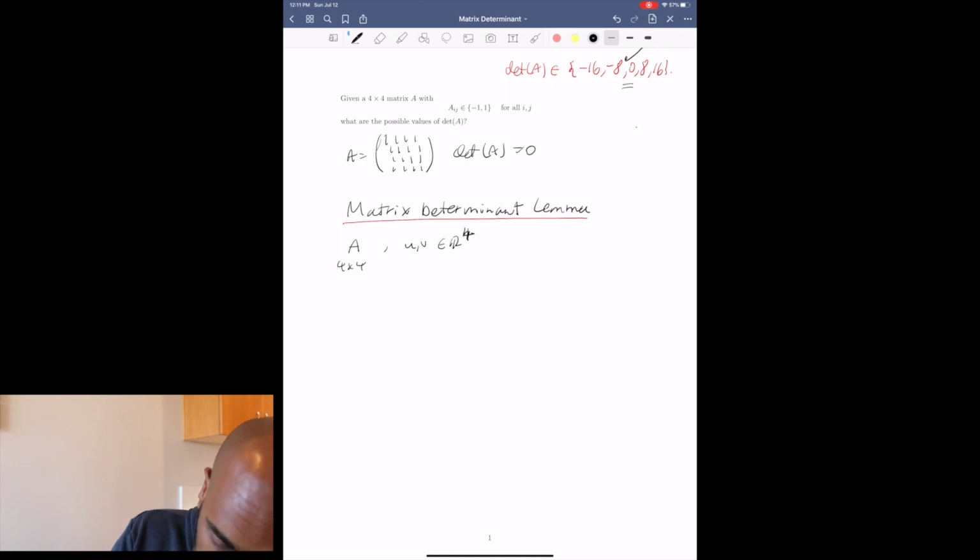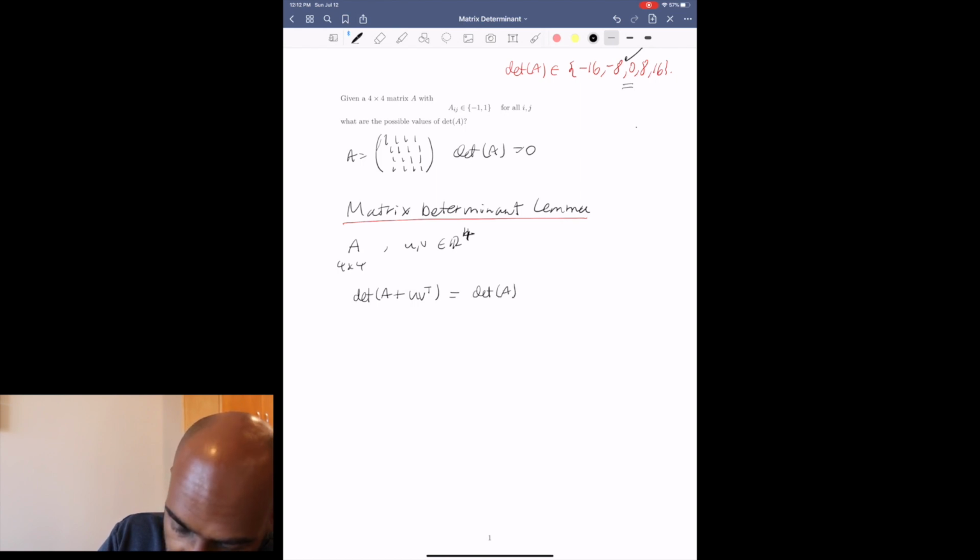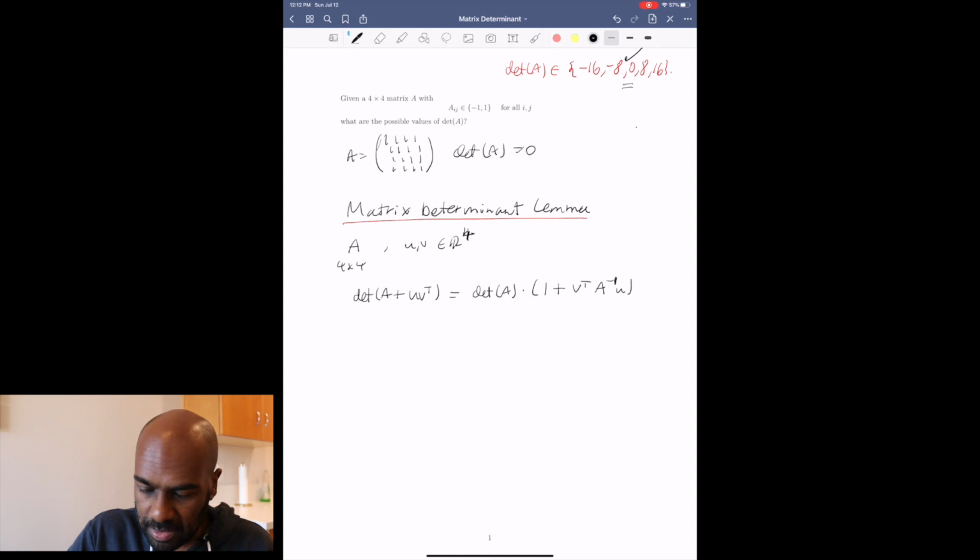Okay, then this lemma states that if you take A and perturb it by uv transpose, which is a 4x4 matrix, that this thing is going to turn out to be the determinant of A times the scalar 1 plus v transpose A inverse u. Okay, so how is something like that helpful?